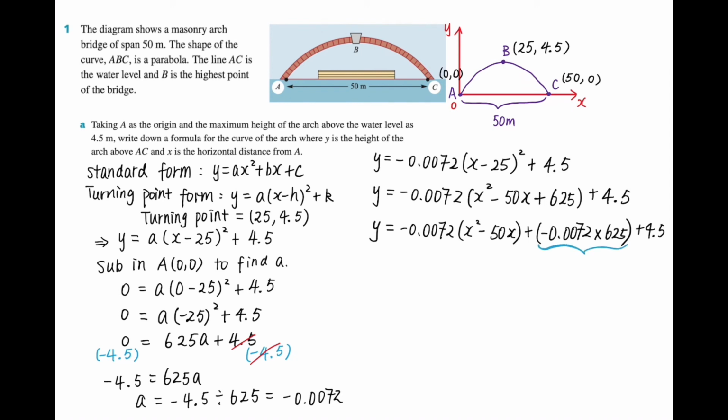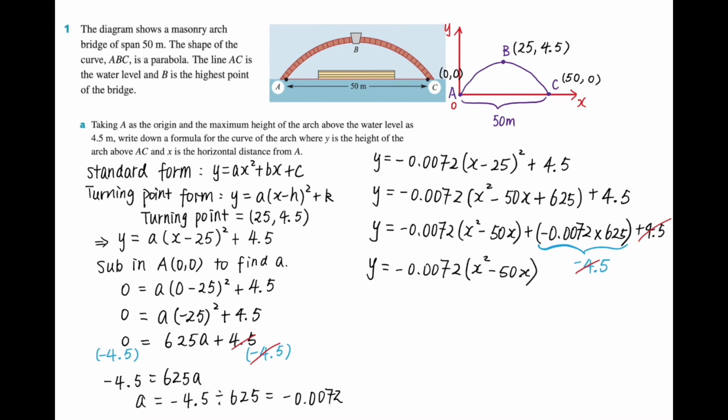And surprisingly, this is equal to negative 4.5, which cancels nicely with the constant term positive 4.5. So these two parts cancel out nicely. And now we have negative 0.0072 times bracket x squared minus 50x only.